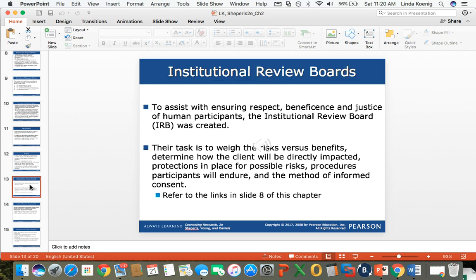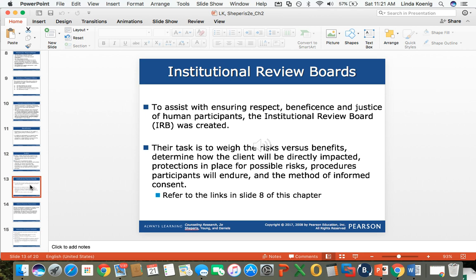All right. So institutional review boards, and I mentioned this earlier on the slide that has the link to the institutional review board applications. One of the things that also happened is that institutional review boards were created, and they are basically tasked with ensuring that human subjects are being respected, that they're being benefited, and they're being treated justly.